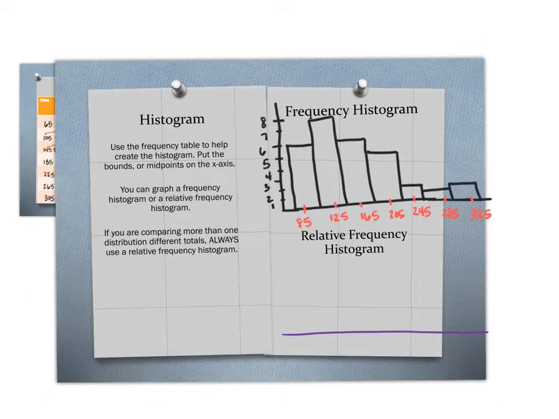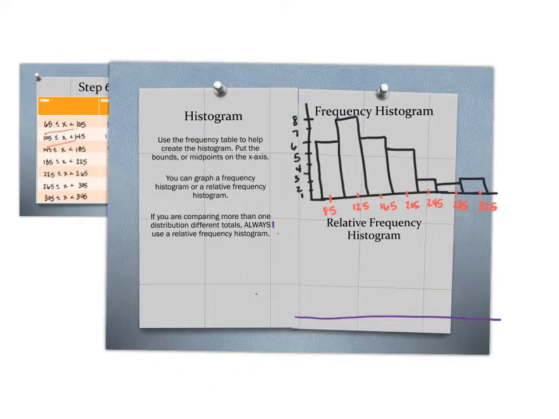So again, using the class bounds, we'll start off with the lower bound, which is 65, then go up to the upper bound, which is 105. The next bound goes from 105 to 145, then from 145 to 185, 185 to 225, 225 to 265, 265 to 305, and 305 to 345.